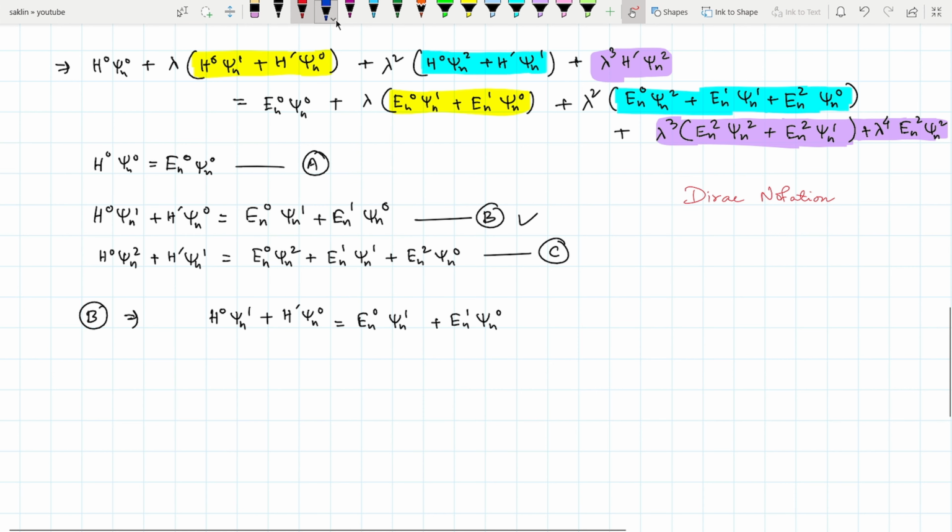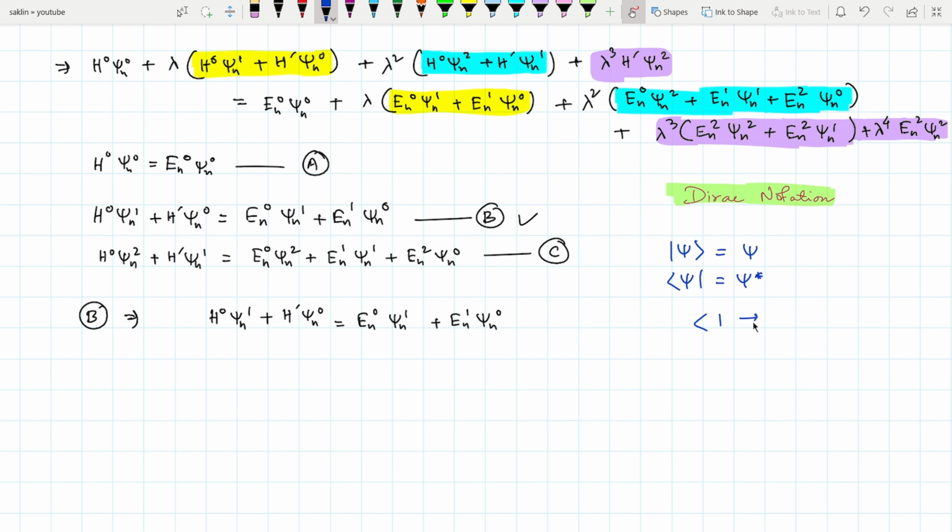Now, what will be the Dirac notation? You can see this is psi, and I will take this, that will be psi star.